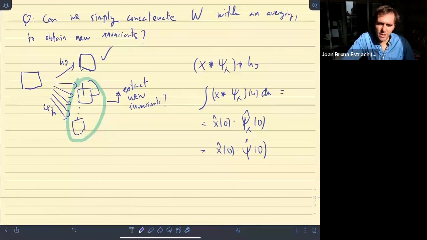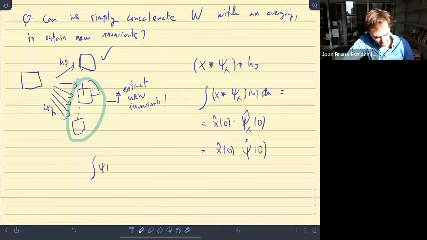And remember, what did we say was the property of the wavelet? What does this property mean? That was the vanishing moment, right? What does this thing imply?